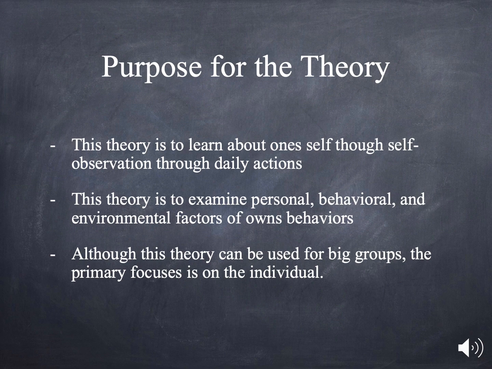This model is basically just to provide an understanding of oneself and to have them learn from their own self-observations and things that they can change in their everyday life.